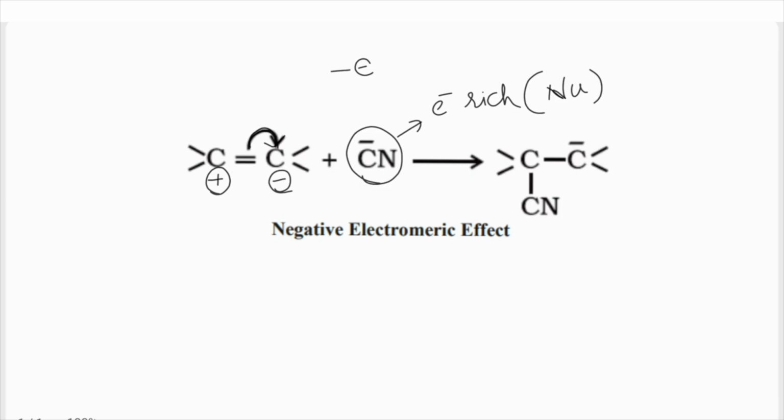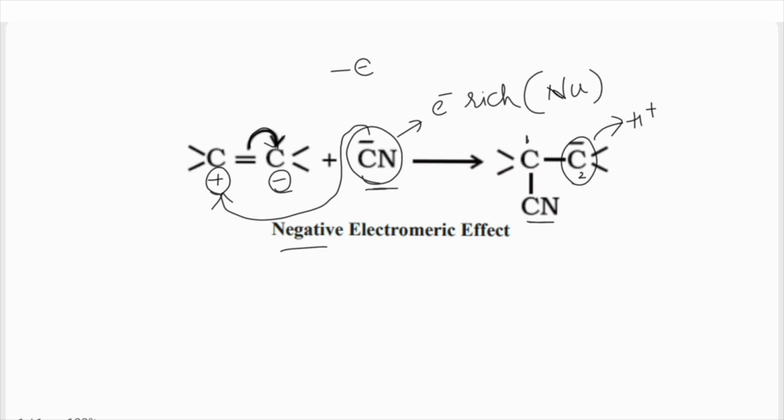CN minus is already electron rich, so it will attack the positive part of the double bonded molecule. Hence the CN attacks the first carbon and the second carbon remains negative. This is left for any electrophile to attack, generally H plus. Such an effect is called the negative electromeric effect, and it again disappears when there is no attacking reagent like a nucleophile.